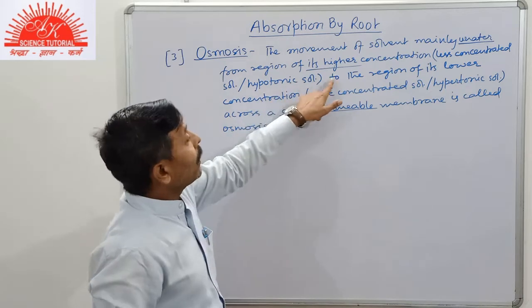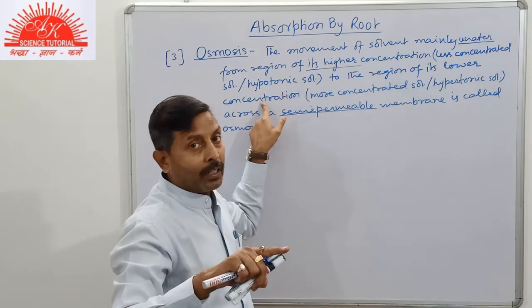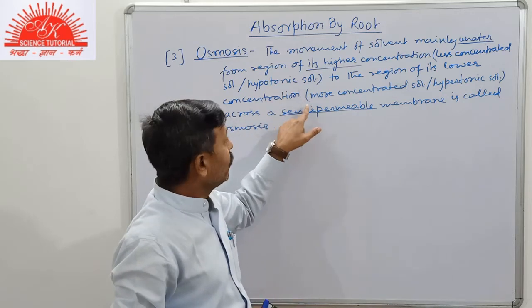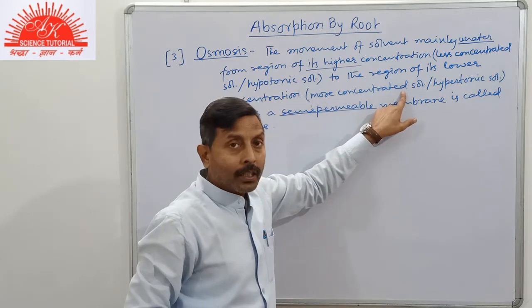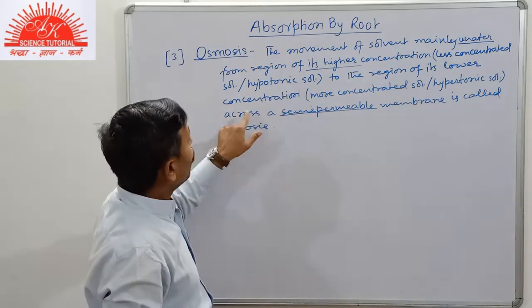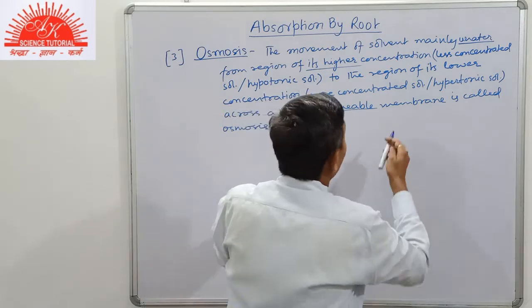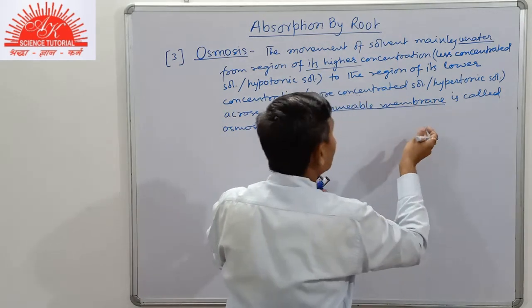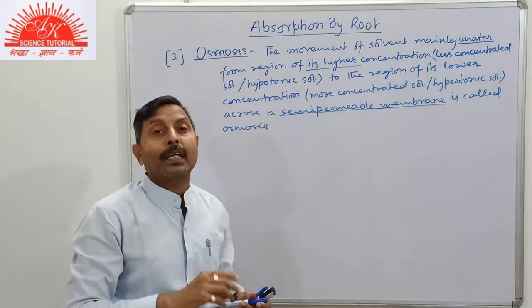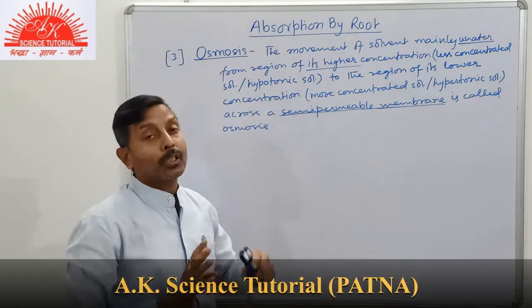And to the region of its lower concentration, means less solvent, less water, hence more solute, so termed as more concentrated solution, also termed as hypertonic solution, across a semi-permeable membrane. Here we remember that the two solutions must be separated by a semi-permeable membrane. Then this phenomenon is known as osmosis.